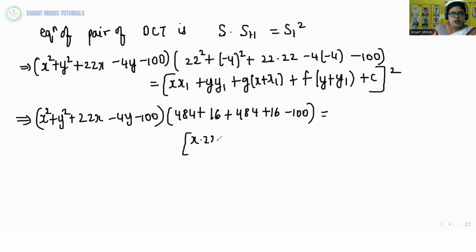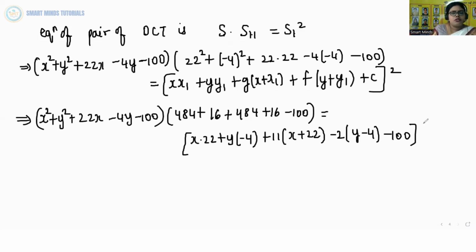So x into 22 plus y into minus 4. Now what is g from this circle equation? Half of x coefficient. So g is 11 plus 11 into x plus 22. What is f? Half of y coefficient. Minus 2 into y minus 4. And c is minus 100. So over here in this circle equation, you have minus 100, so we take c as minus 100. Don't take plus 100. This whole square.